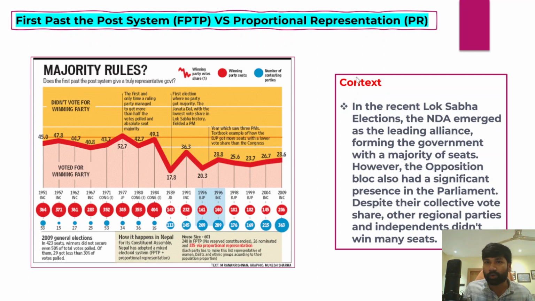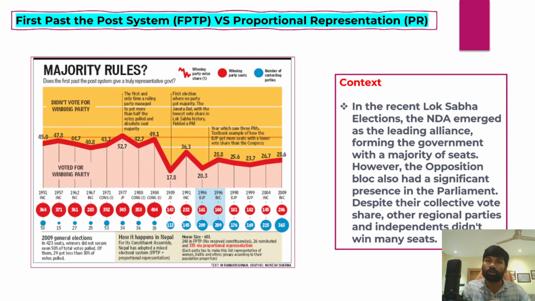Now understand the context of this, why it is given here. We all know that recently the 18th Lok Sabha polls were conducted. Okay, so the 18th general election polls were recently held and the results were also announced. Therefore, in the recent Lok Sabha elections, the National Democratic Alliance has emerged as the leading alliance and it has formed the government with the majority of seats.